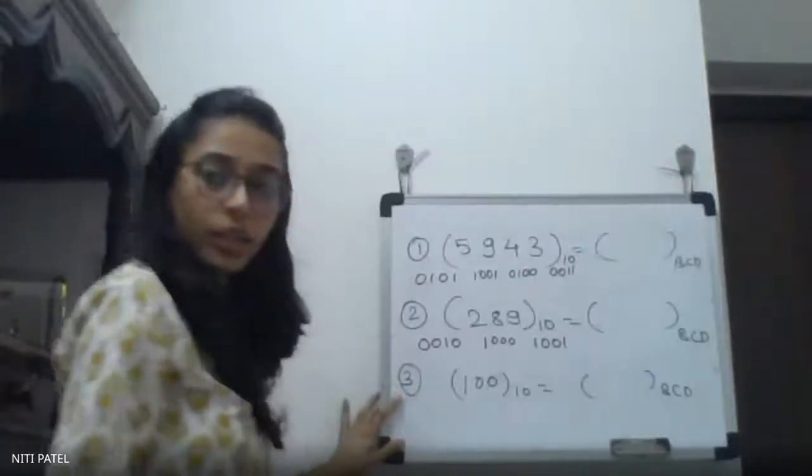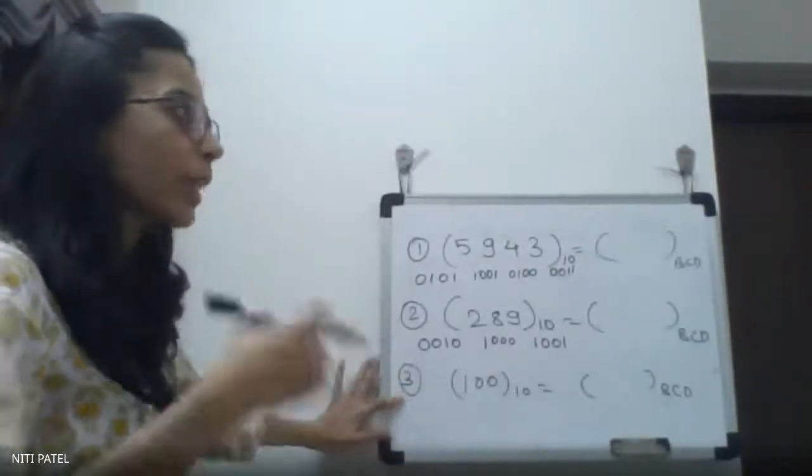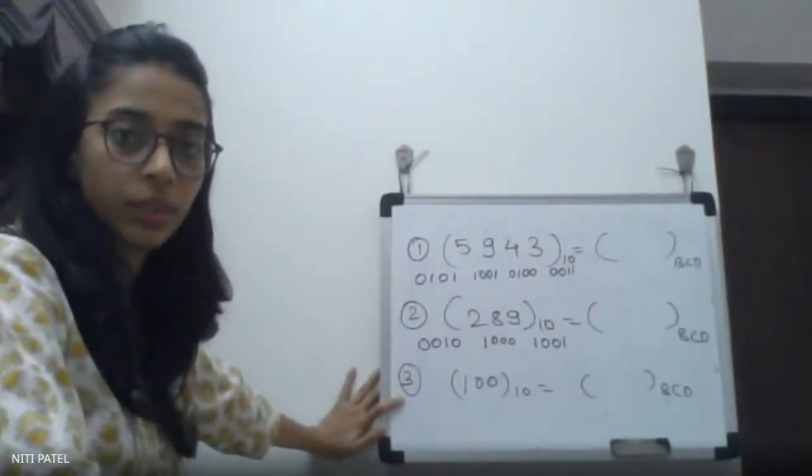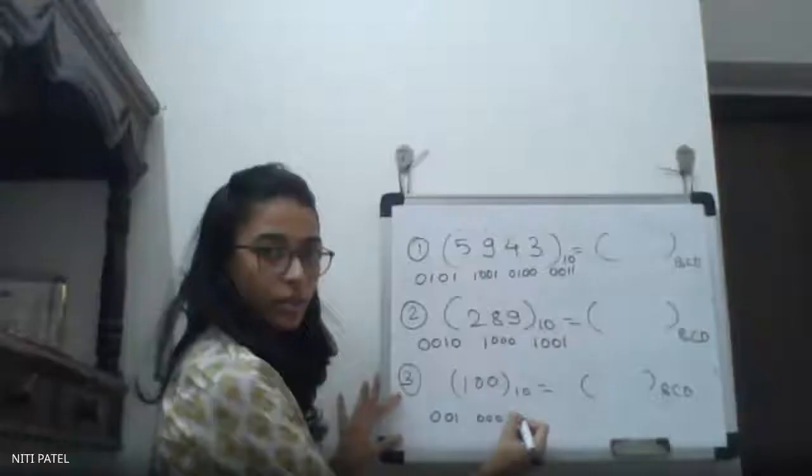Correct. Then give me the answer for the third one. 0 0 1 0 0 1, 0 0 0 0 0 0. Okay.